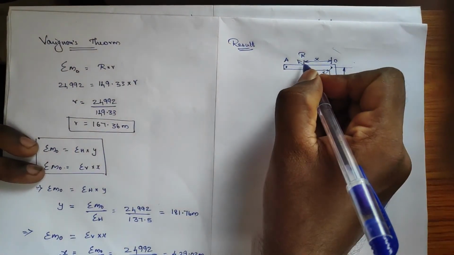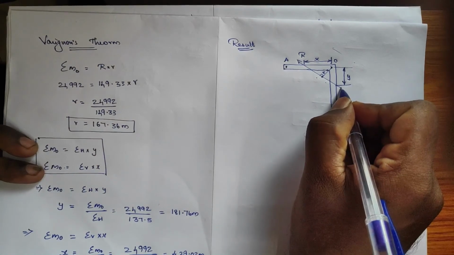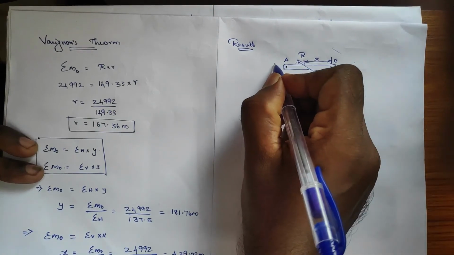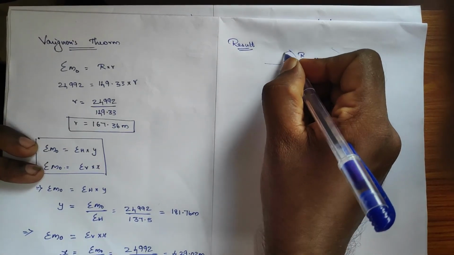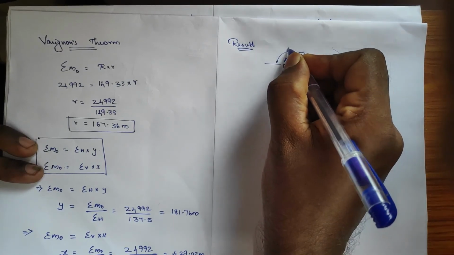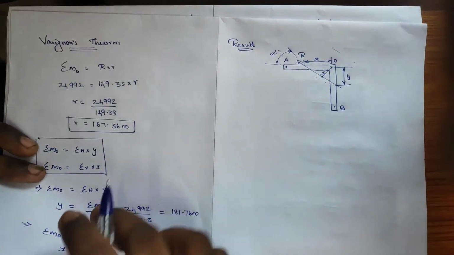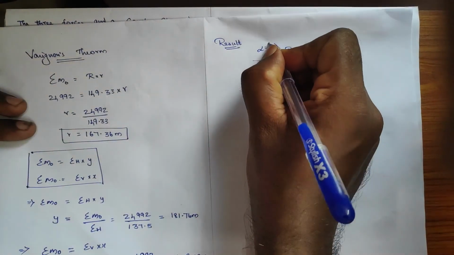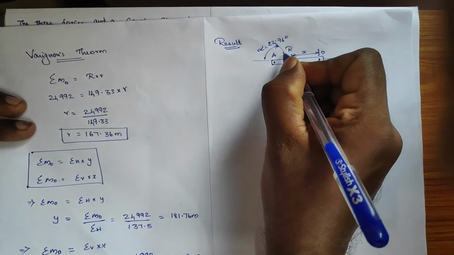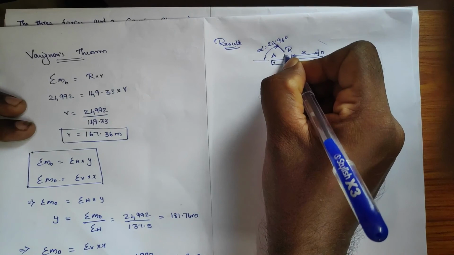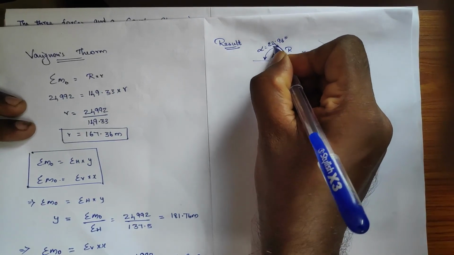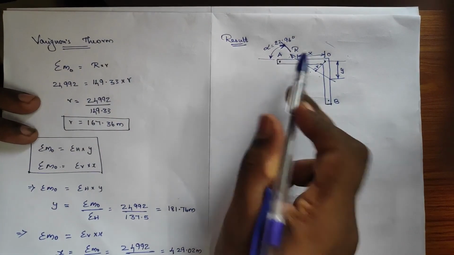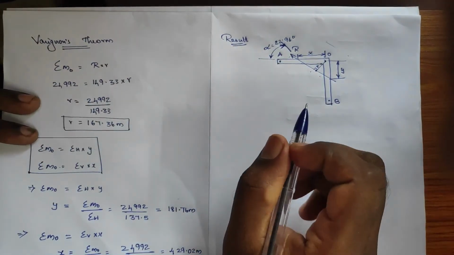And the alpha we got is 22.96 degree. So this is the resultant, with the angle taken something like this. This is how we need to place the resultant force in such conditions.